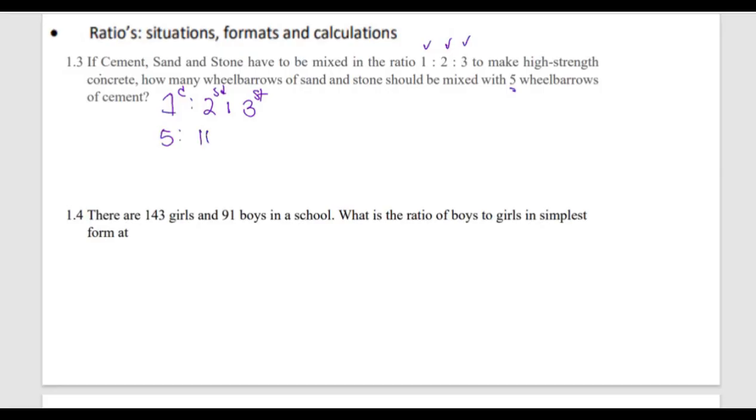And so they're asking how many. For sand, we shall have 2 times what? 5, which becomes 10 wheelbarrows. And for stone, we shall have 3 times 5, which becomes 15 wheelbarrows.